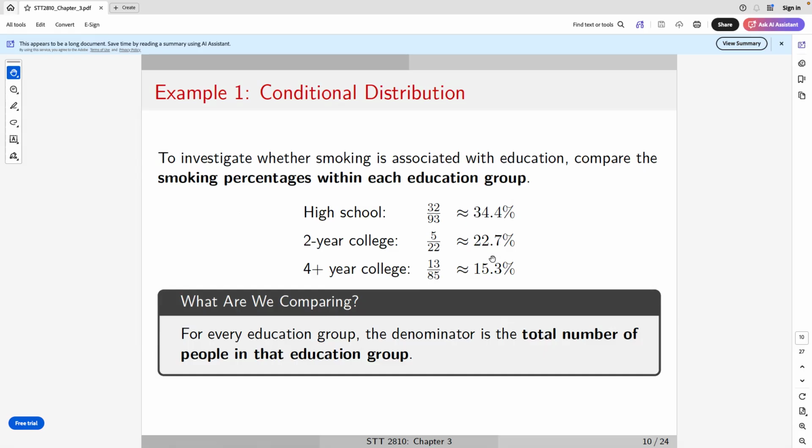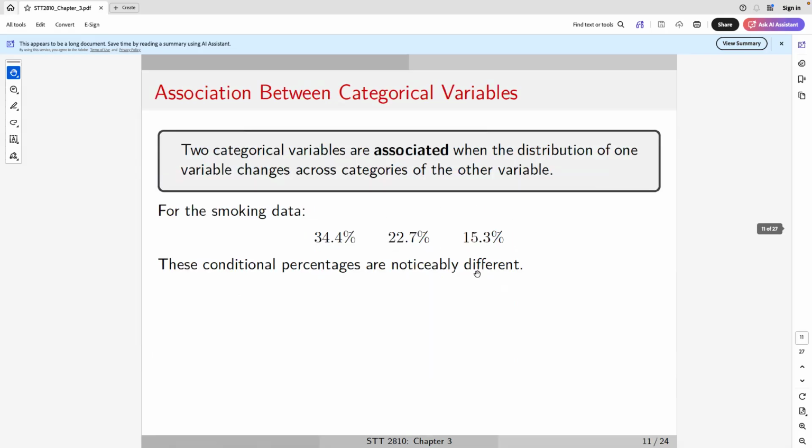You can see the percentages are reducing. The higher the level of education, the lower the smoking percentage. So it means that what?